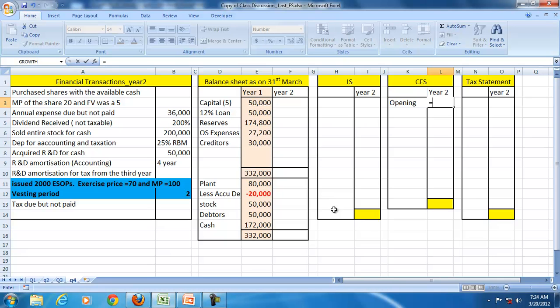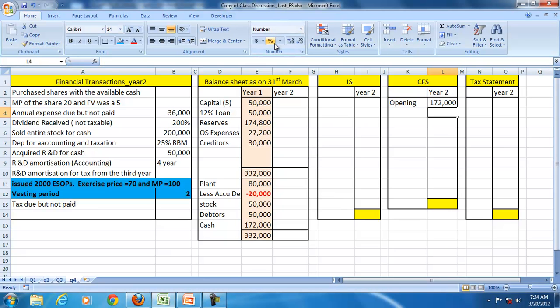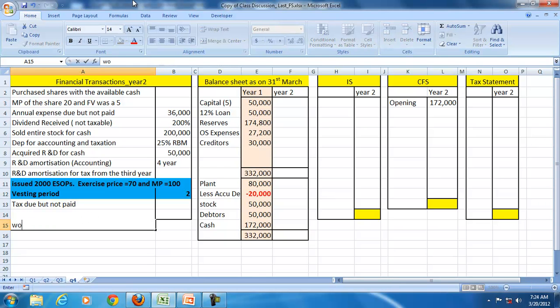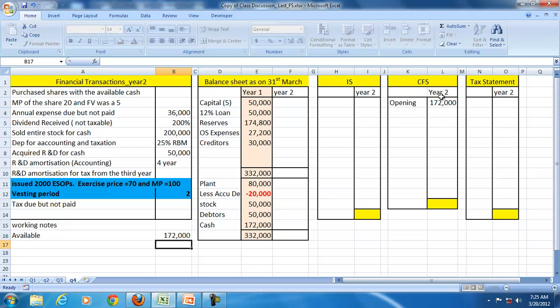So the opening cash in hand is 172,000. Purchase shares with available cash, you have this 172,000. So let us also have a working note here to show the calculations, if any. So the available cash is 172,000.